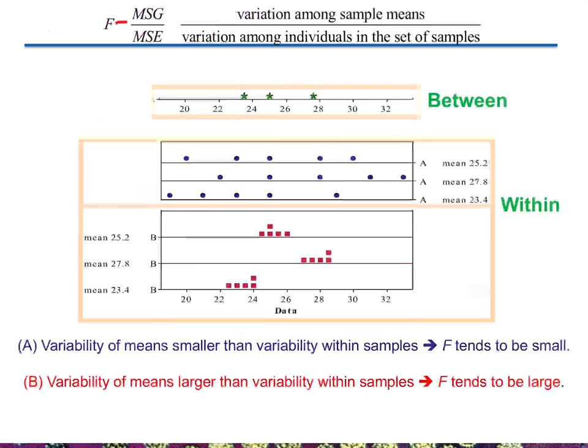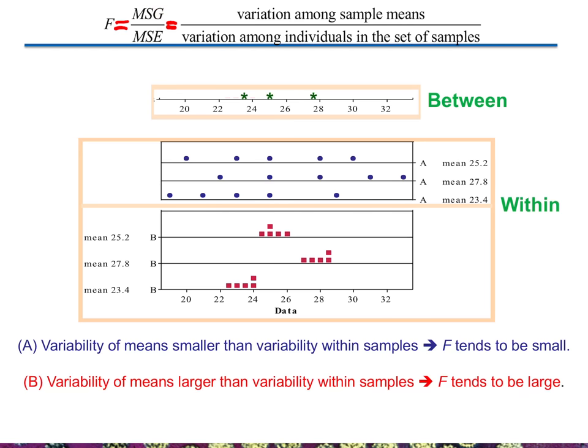Okay, so let's look at this again. First of all, some terminology. Our F statistic, as I said, is variation among sample means divided by variation among the individuals within the samples. The numerator, variation among sample means, is referred to as MSG, or mean square for groups.